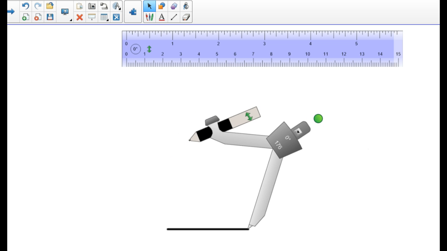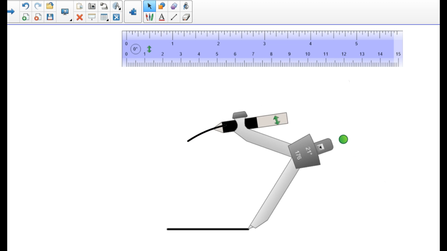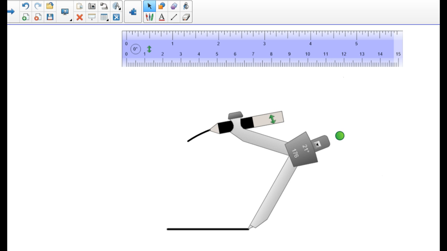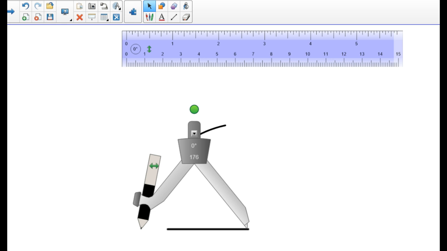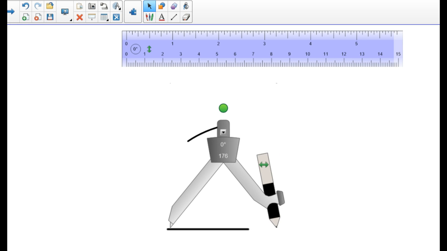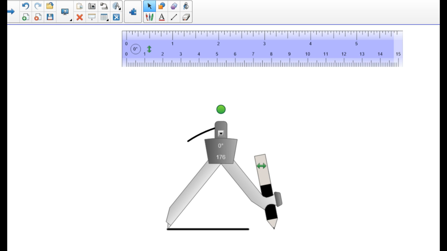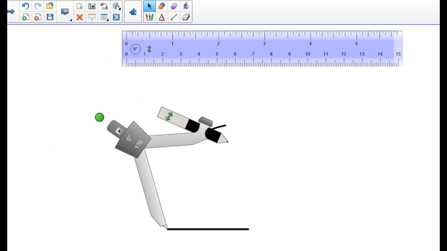So we'll bring the compass up and make an arc up here. And through that arc there will be a point that is the third vertex of the triangle. Now we'll flip the compass over, put the point of the compass on the other side of the line segment, and then make another arc that crosses the first one that we did.